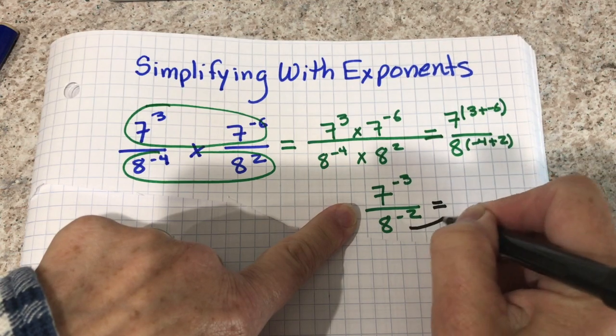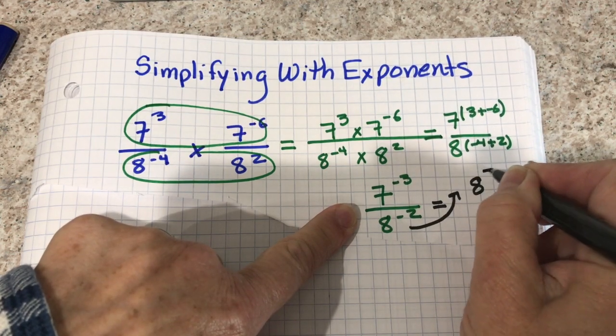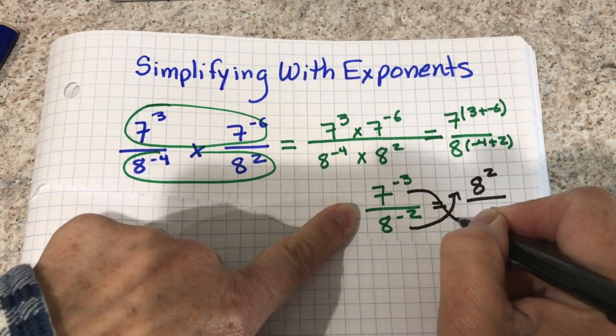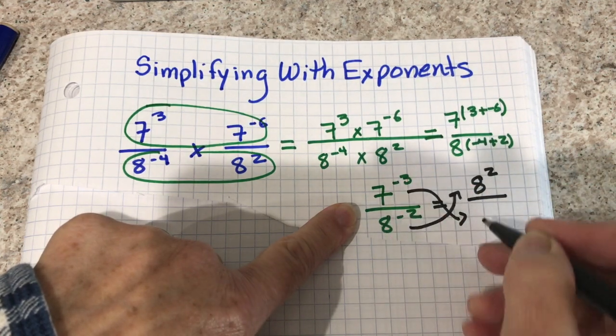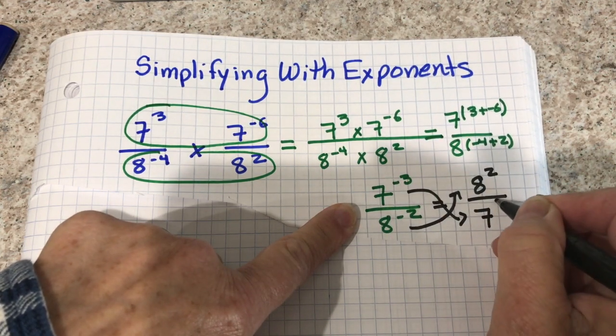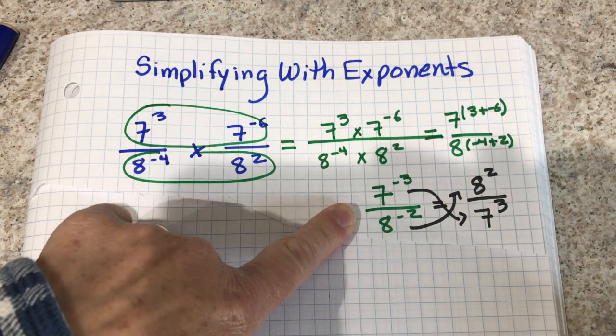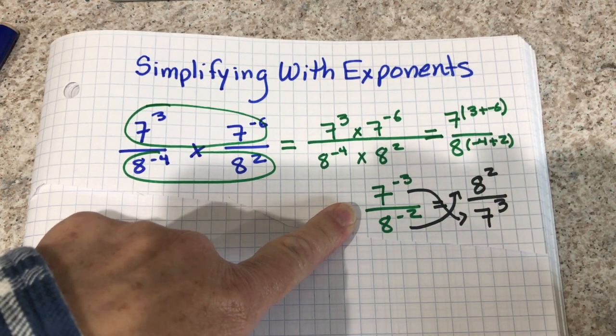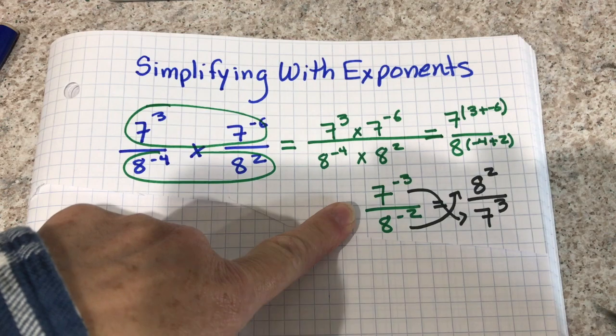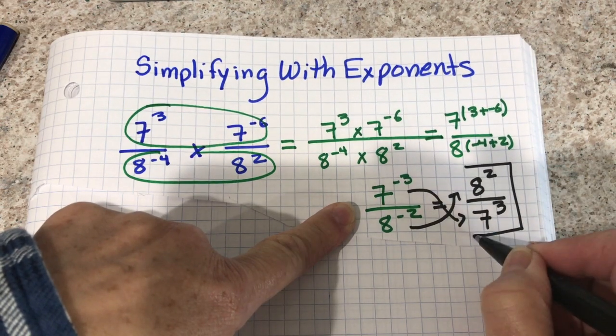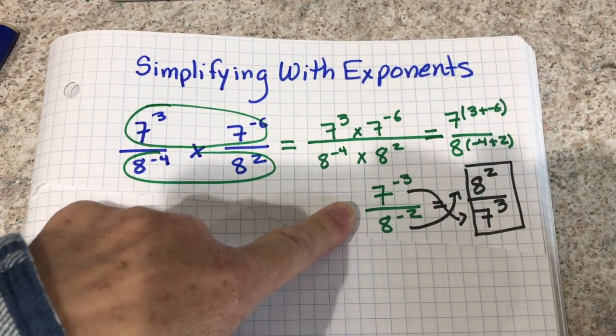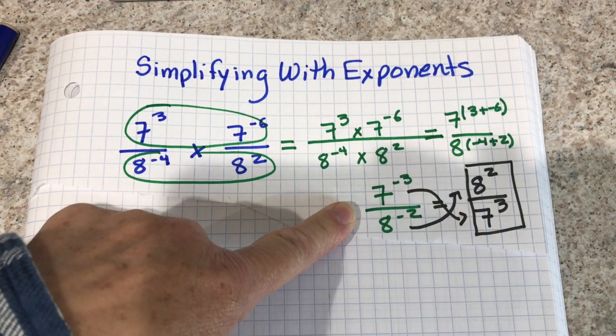So we flip the 8 to the top, 8 to the positive 2, flip the 7 with the negative 3 to the bottom, and it's 7 to the third. So our answer is 8 squared over 7 cubed. This would be your final simplified answer in exponential form.